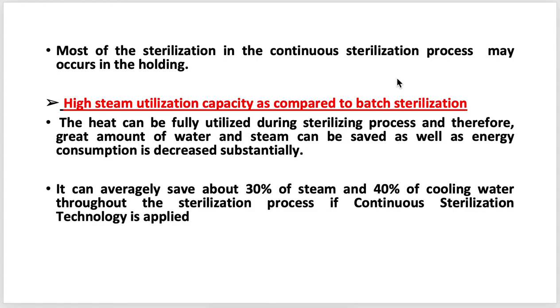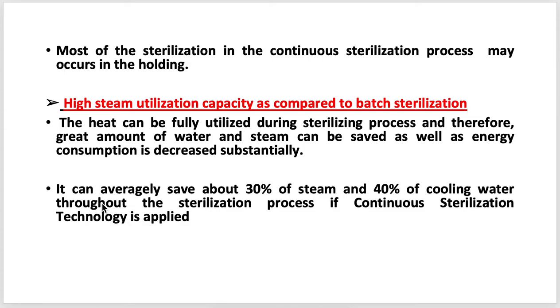Continuous sterilization has high steam utilization capacity as compared to batch sterilization. In case of continuous sterilization, the heat can be fully utilized during the sterilizing process, and therefore a great amount of water and steam can be saved, and energy consumption is decreased substantially.